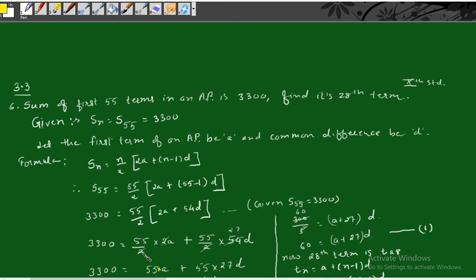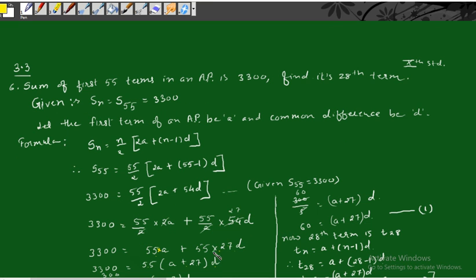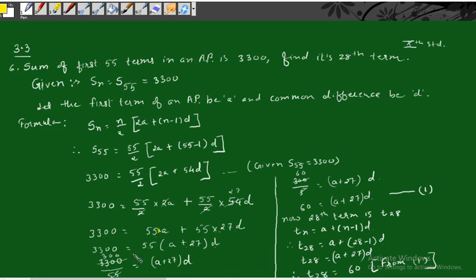Okay, by cancelling, this 2 will be cancelled and here 2 multiplied by 27 is 54. So I will get 3300 is equal to 55 into A plus 55 into 27D.